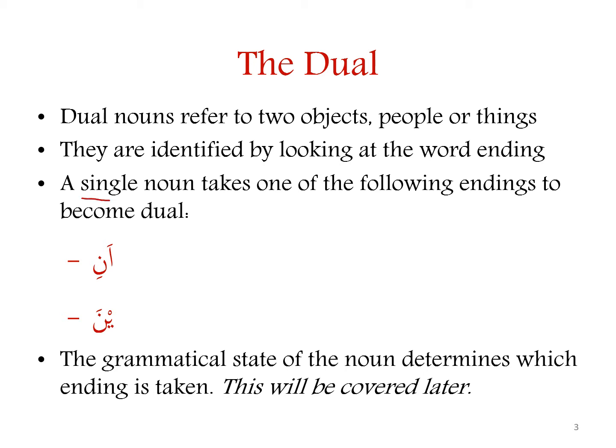A single noun simply takes one of these two endings to become dual, ani or aini. The grammatical state of the noun determines which ending is taken, so this will be covered a bit later. Which one it takes depends on the grammatical role of that word in the sentence.